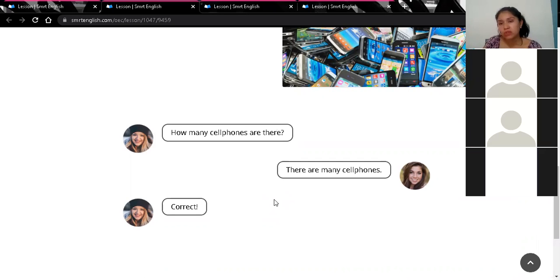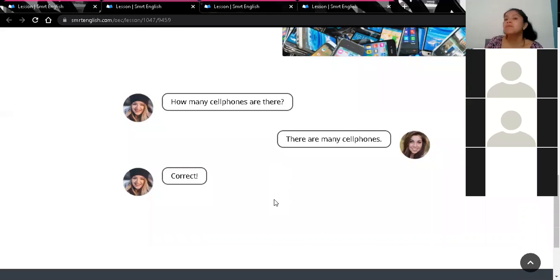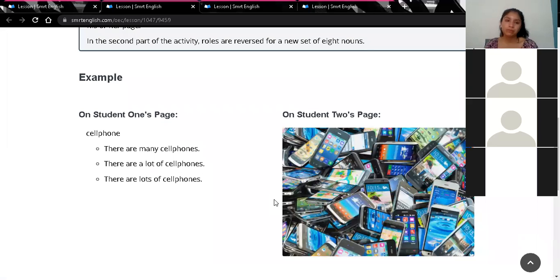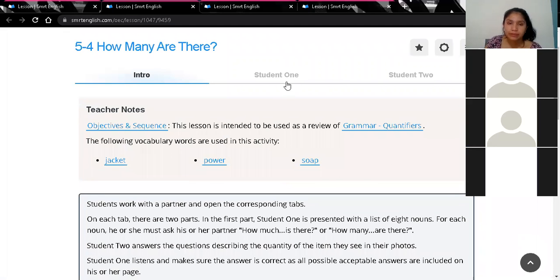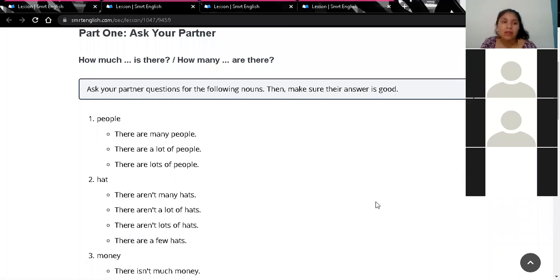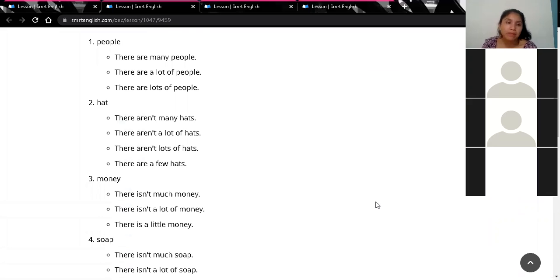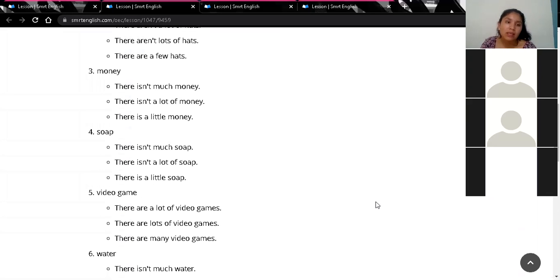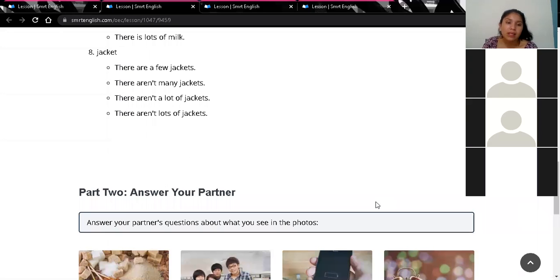Since it is an amount that we can count, using many is better than giving a fake number. And then it's correct, okay? And remember, how much or how many? I have people, cat, money, soap, video game, water, milk, and jacket.